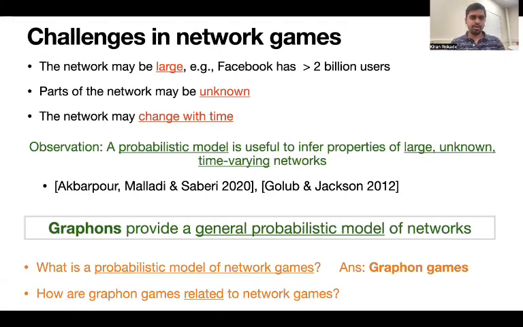So in this talk, we are interested in answering 2 questions. The first question is, what is a probabilistic model of a network game? And the answer to that is going to be a Graphon game, which we will see shortly. The second question that we are interested in is how are Graphon games related to network games?